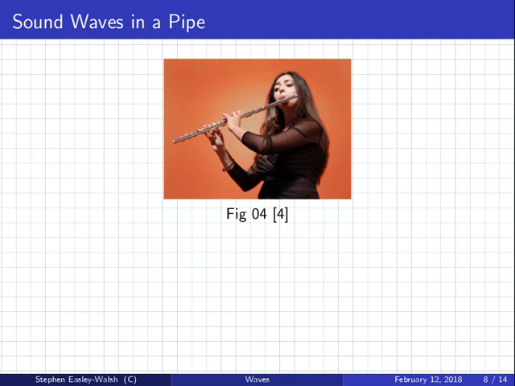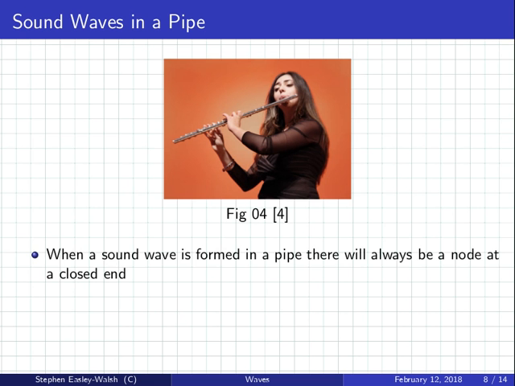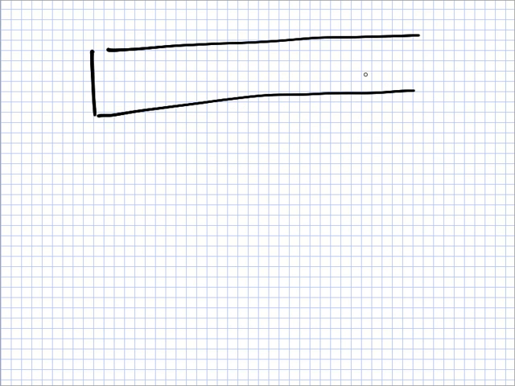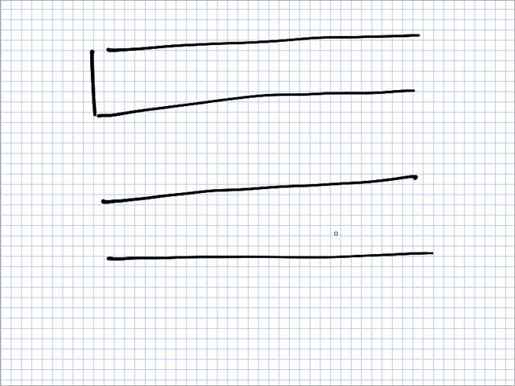You get the same thing in musical instruments that use wind rather than a string, something like this. You can have a standing wave. Now, this is a little bit harder because at least with the string you can see that you have a node and a node here. But if you have an instrument like this, or like this, my question is, what do we have at the ends here?